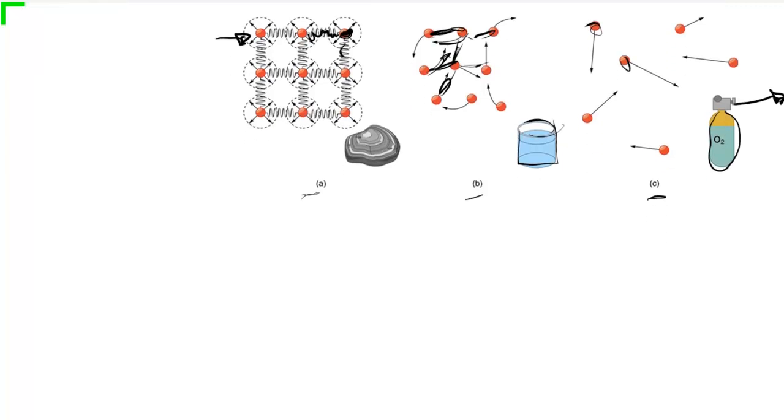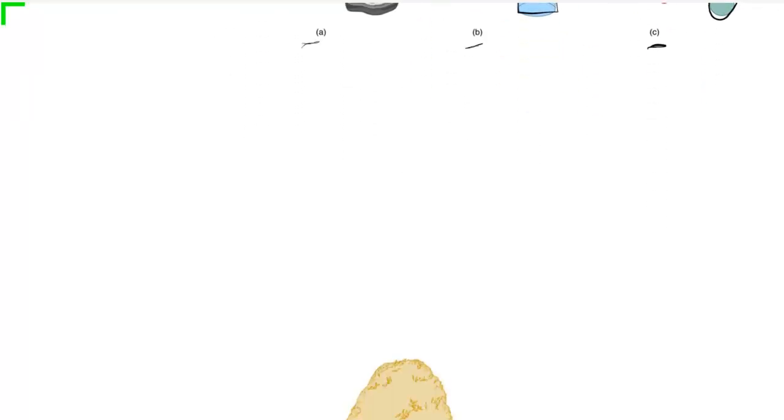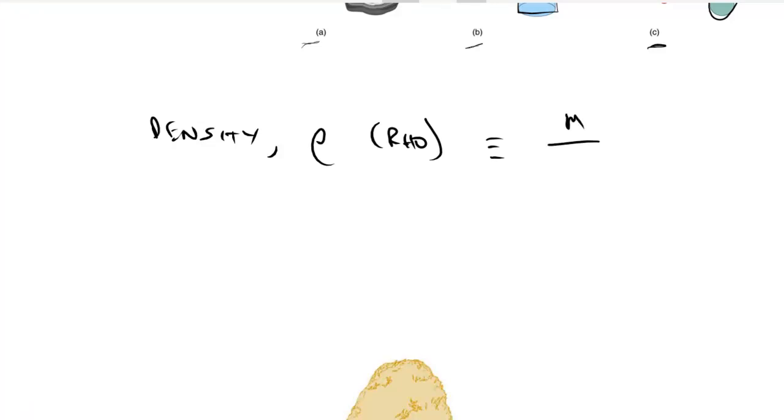So we'll come up with a new definition, and we'll define density. Density, which we use this Greek letter rho, looks like a curvy P, is defined to be mass per volume.